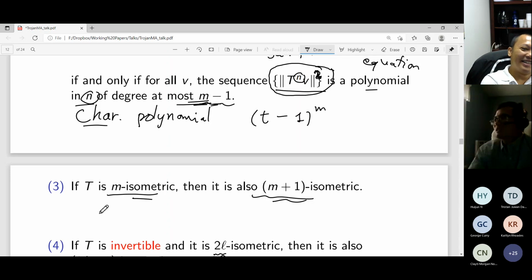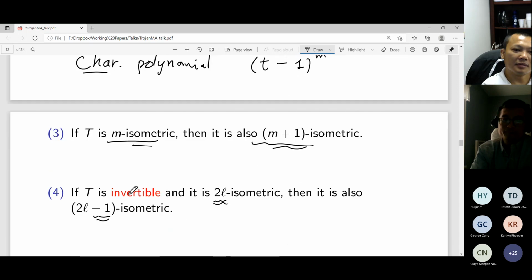But reducing is harder to do. In the case of an invertible operator, we can reduce from even. If it is invertible and we have an odd number to begin with, then in general we cannot reduce more.